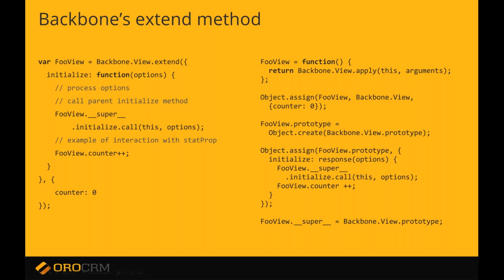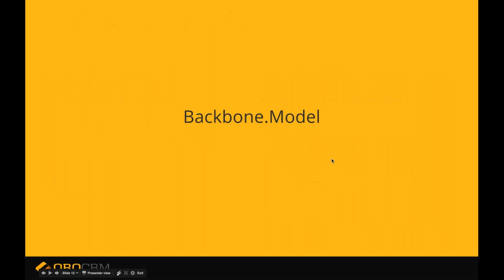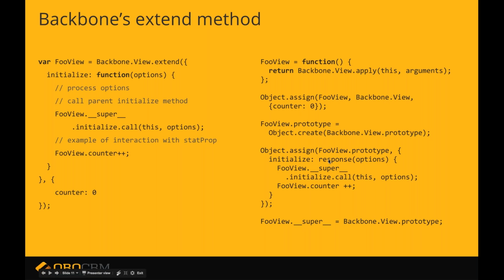And here is a mistake. There should not be a response, there should be function. Okay, and after that, Backbone creates a useful property, super, that allows us to invoke parent methods. So super is referenced to the parent prototype.